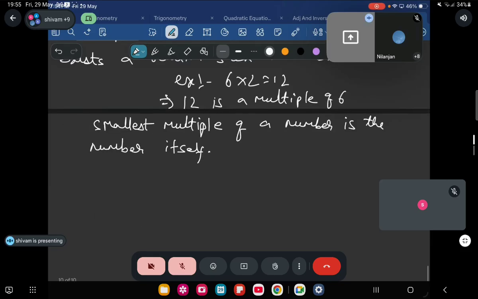Next, the fundamental theorem of arithmetic.